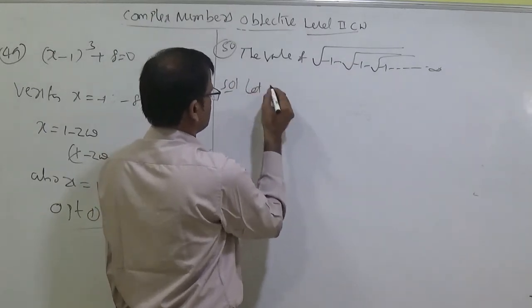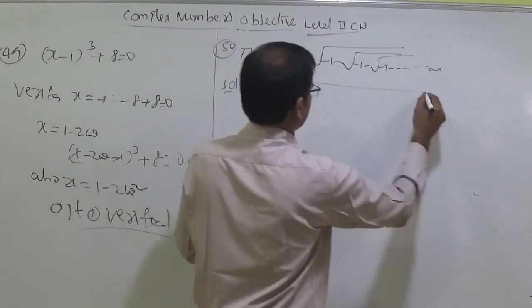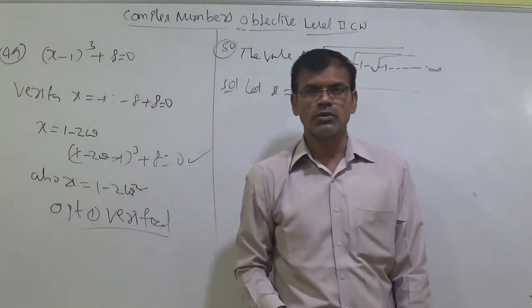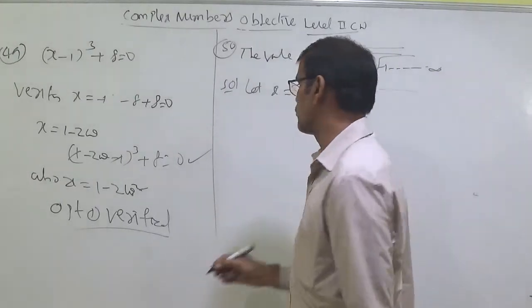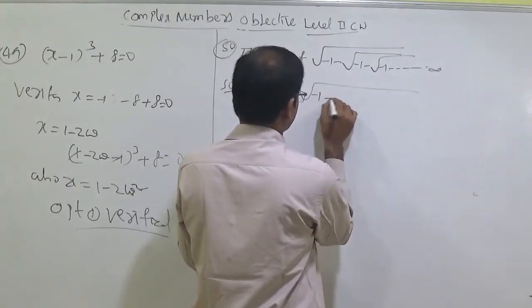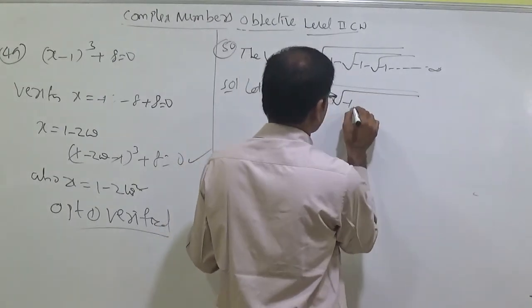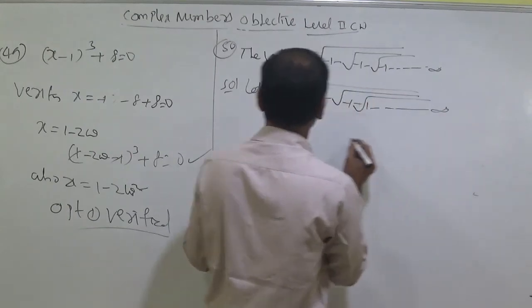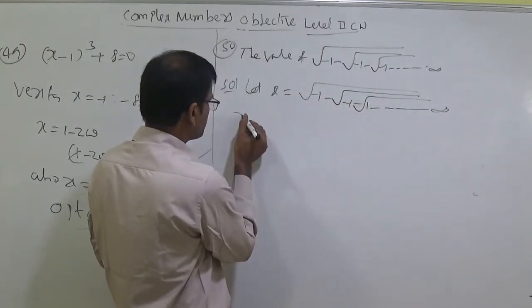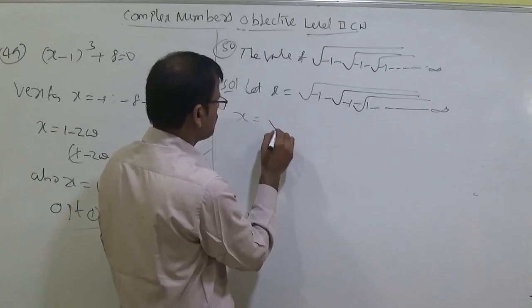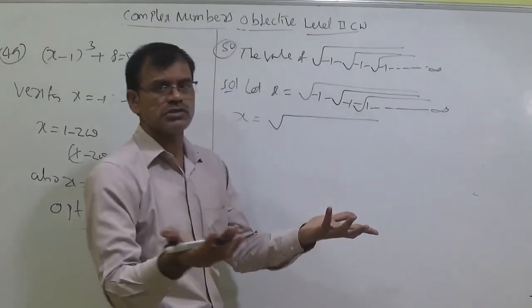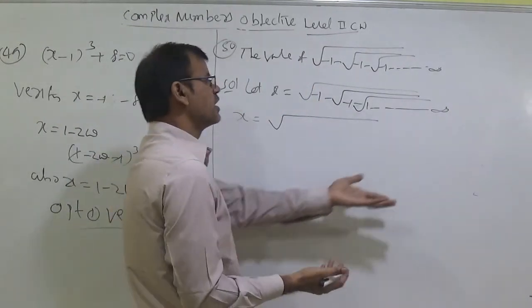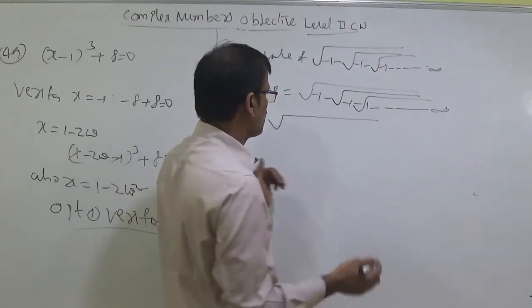Let x be equal to root of minus 1 minus root of minus 1 minus root of minus 1 until infinite terms. Whenever there are infinite terms, simply reduce one term. Of course, there is no change, since infinity minus 1 is also infinity.